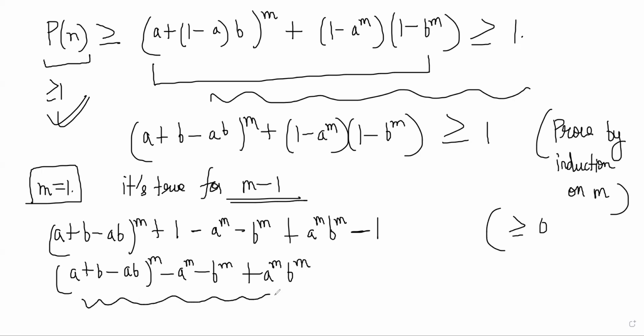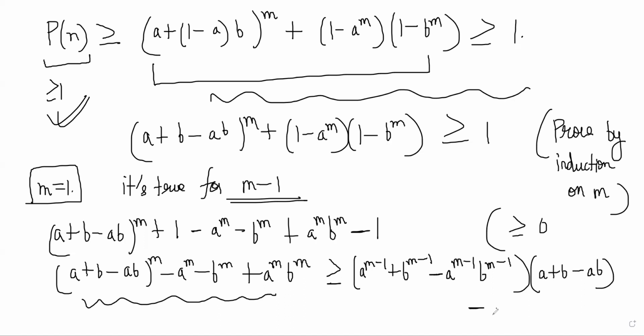Now we can say that this expression is greater than or equal to, I can write it as, (a^(m-1) + b^(m-1) - a^(m-1) b^(m-1)) multiplied by (a + b - ab), minus a^m - b^m + a^m b^m.